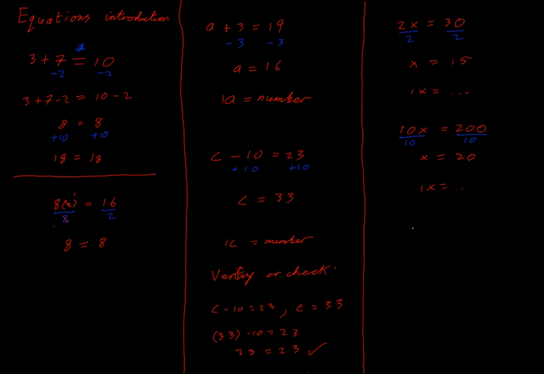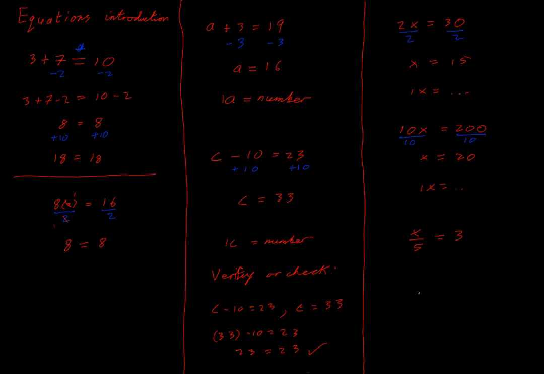Finally, for now, we could have x divided by 5 would be equal to 3. And I want to know what x is by itself. Well, I know again, any number divided by itself is going to be 1.